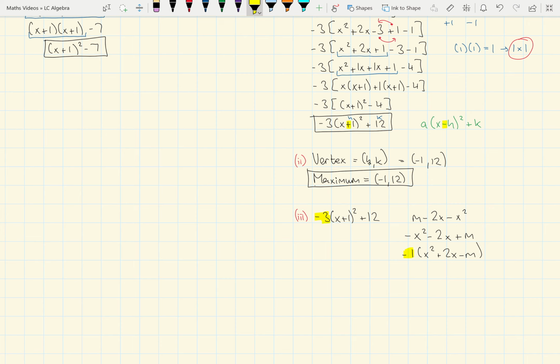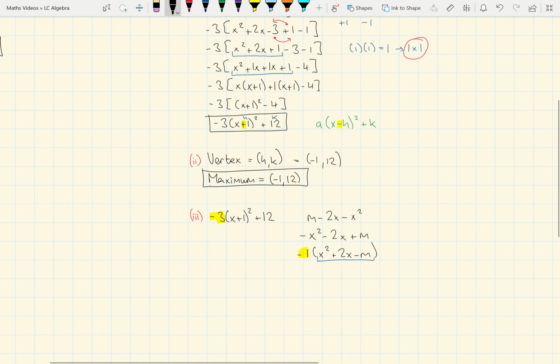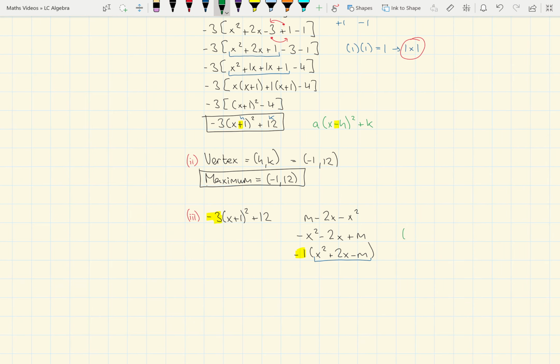And then the main thing after that is I need to apply completed square form. So we're going to work this as normal here. My coefficient for the x is 2. So I take 2, half of 2 gives me 1. I'm going to square 1, I'll get 1. I take my positive and my negative.